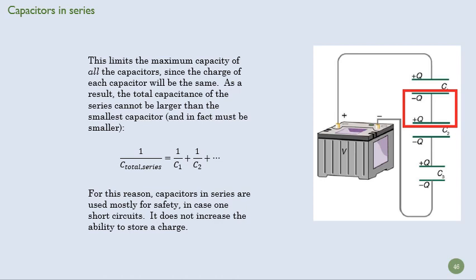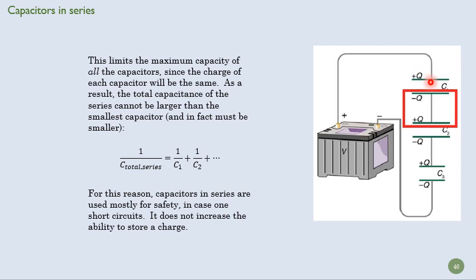And you might ask, well, why would you do this? Why would I add extra capacitors in series? What I was getting was a lower total capacitance. And it's mostly for safety, right? So if this one accidentally discharged, and I just had one capacitor in this series, then I would get a big charge moving through this circuit very quickly, which could create all sorts of problems.